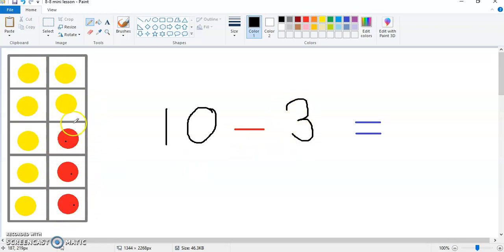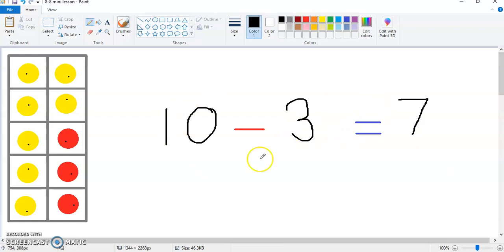Here they are, 1, 2, 3. And we're asking, well, how many yellow counters are left? And let's count that. 1, 2, 3, 4, 5, 6, 7. Across the top and down from heaven, that is how we write a 7.